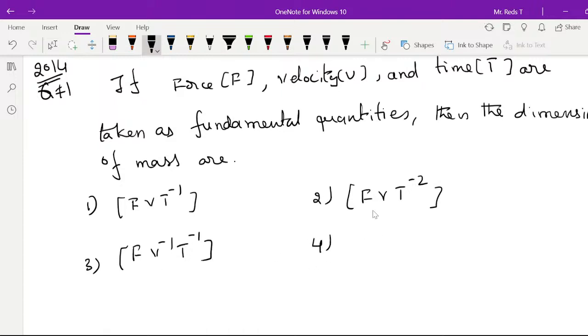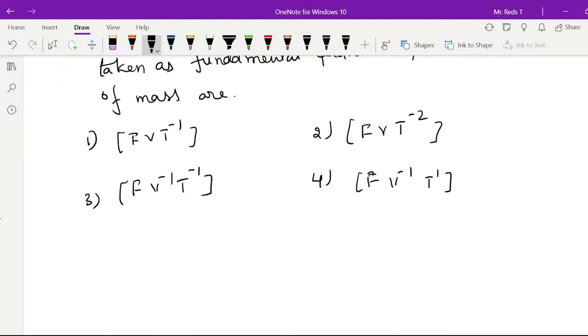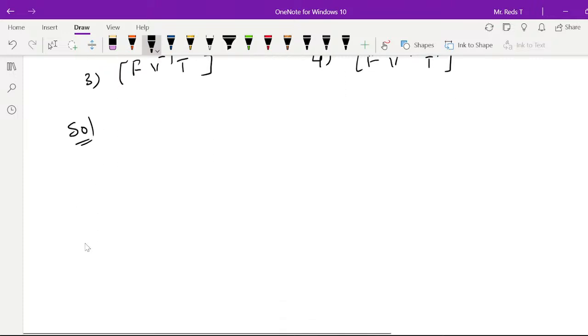Fourth option is F V power minus 1, T power 1. So these are the options given. So how to do it? Same procedure you have to use. You're asked to find what? Dimensions of mass.